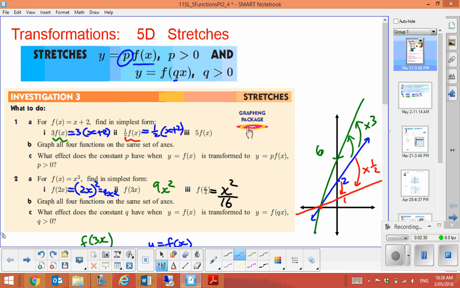Everything's being pulled up from the x-axis or down from the x-axis. And we have our multiplier, in this case times a half, and in the first case times 3. So we've got what we call a scale factor that we're multiplying by. So these first ones here are affecting y values.